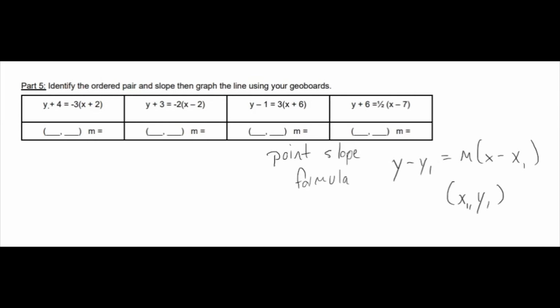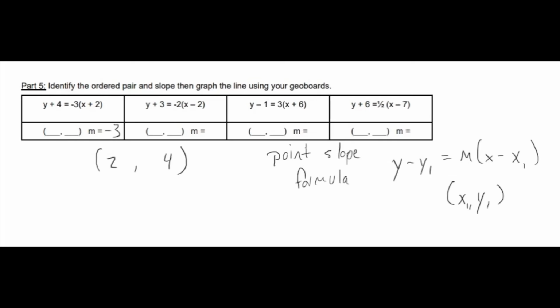For the first problem, we have y plus 4 is equal to minus 3 times x plus 2. So we know that the m, which is out in front of the parentheses, is going to be minus 3 in this case. And we have a positive 4 and a positive 2.